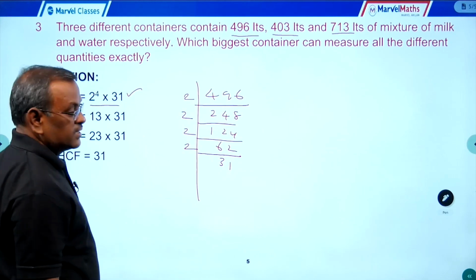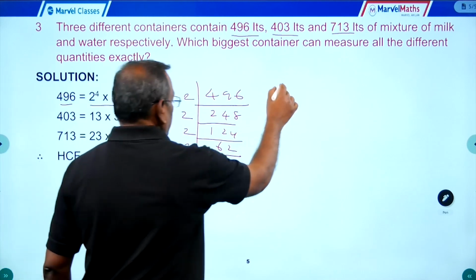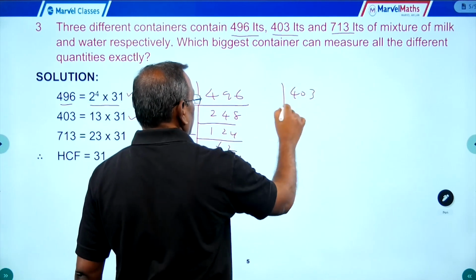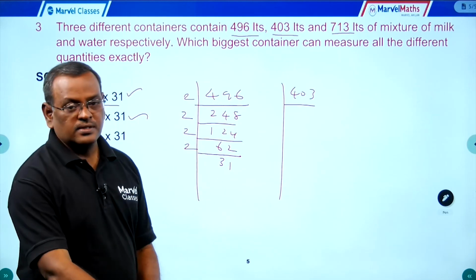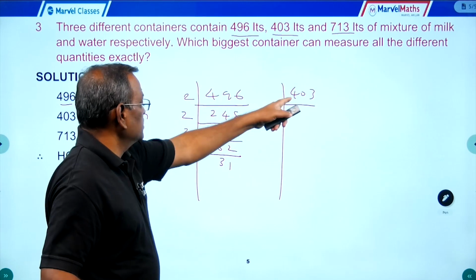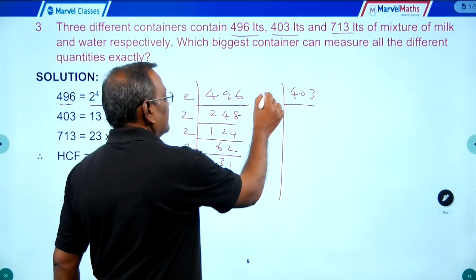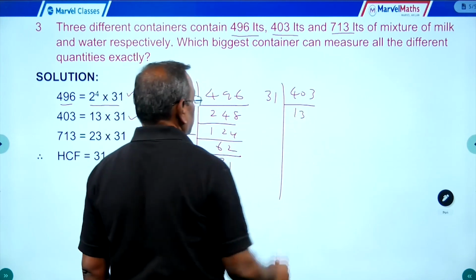Similarly 403 is 13 into 31. Whenever it is a very big number and you are struggling to find the factors, always try any one of these. 2 is not possible, therefore take 31. So take 31 and hence it is 13 times.